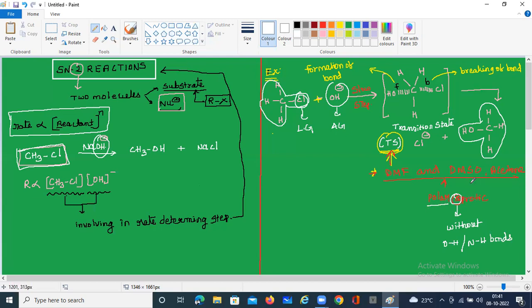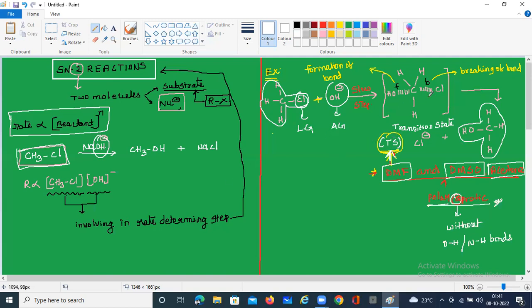Polar aprotic solvents, like dimethyl formamide, DMSO (dimethyl sulfoxide) and acetone. Very important, with a star mark. Polar aprotic solvents are favored for the formation of the transition state. Clear?